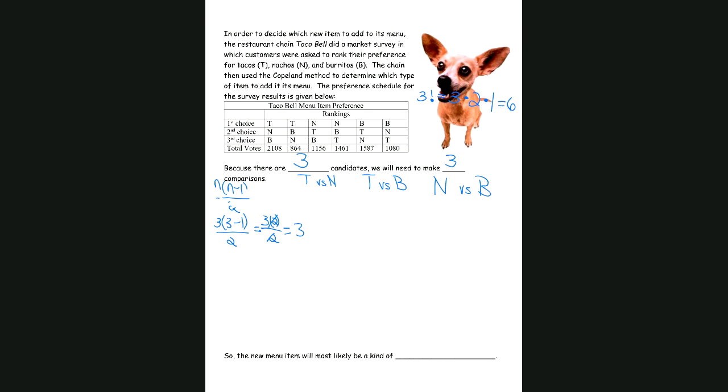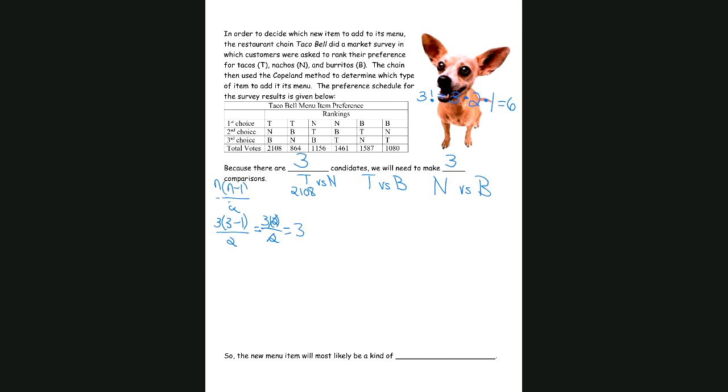Okay, so what I want to look for when I'm comparing tacos and nachos is I want to give that number of voters to tacos in every column where tacos is above nachos. So here in the first column, tacos is above nachos, so I'm going to give tacos in this comparison 2,108 votes.